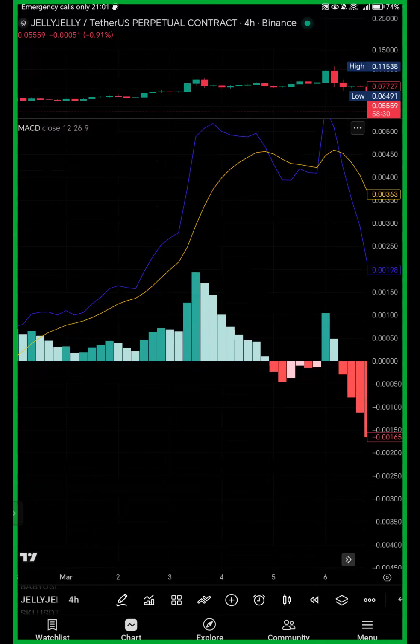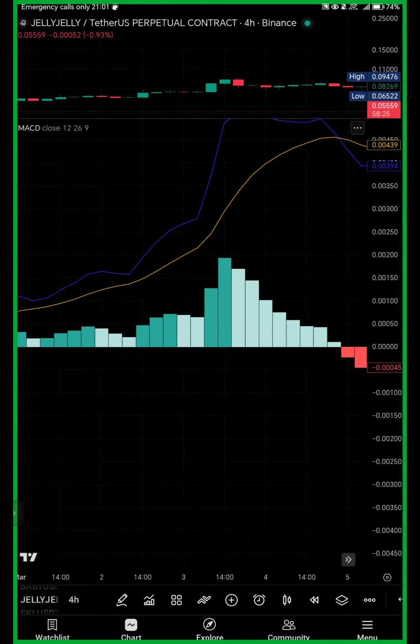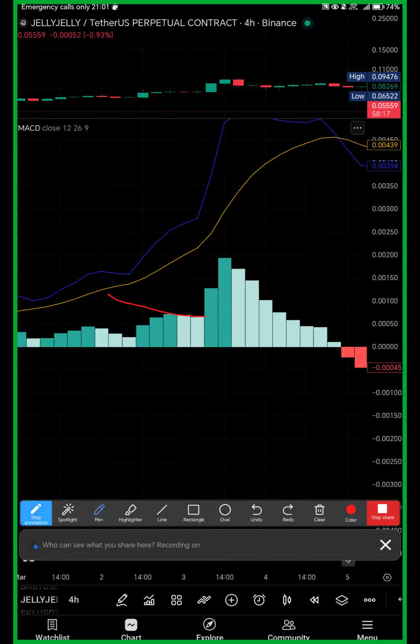You will see that the bigger or longer the histogram, the longer the distance between the MACD line and the signal line. For example, when you look at this histogram, you will see that the longer the histogram, the bigger the distance between the signal line and the blue line.